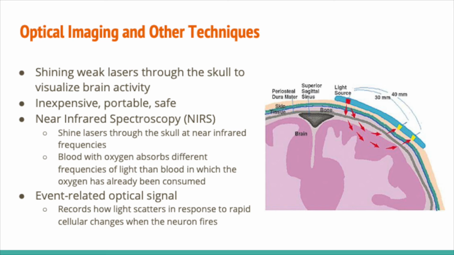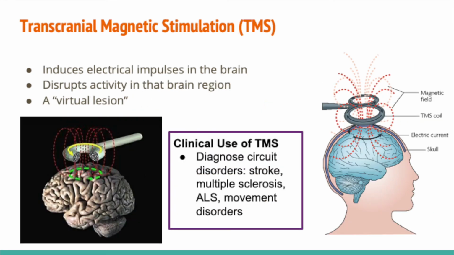Along with NIRS, there is also event-related optical signals, and this works by recording how light scatters in response to rapid cellular changes when neurons fire. Transcranial magnetic stimulation, or TMS, works by inducing electrical impulses in the brain, which will then disrupt activity in a certain area in the brain and give you a virtual lesion.